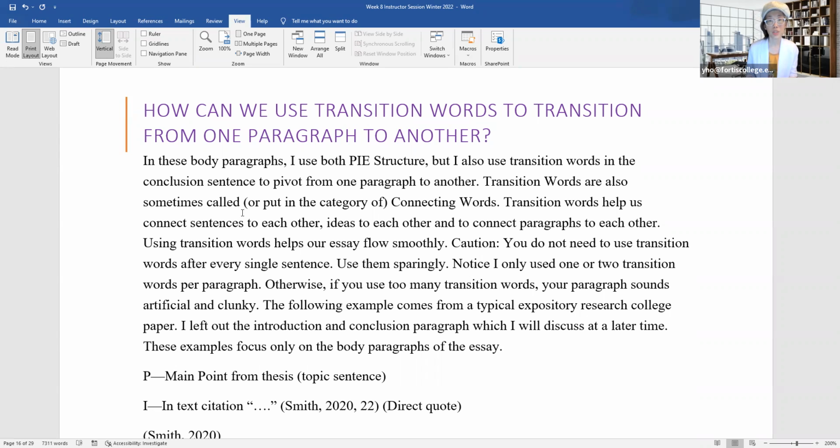So pie structure is going to be P, main point, I, in-text citation, E, explanation of that in-text citation, in 5 sentences. Then that very last sentence of your paragraph, in any kind of body paragraph, you transition to the next paragraph, because when you have the concluding sentence, you're always transitioning to tell the reader what the next paragraph is going to be about.